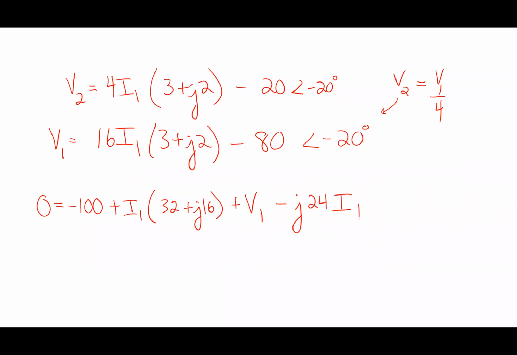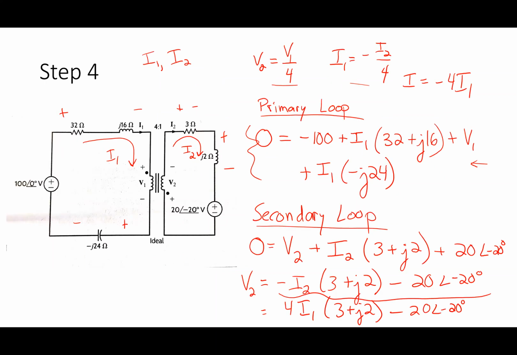So what would I do? Make V1 equal to that, and I've got one term, right? So I would solve for I1. At that point, it's pretty easy to solve for I2, because I2 is related through this guy right here, right? So it's pretty straightforward.